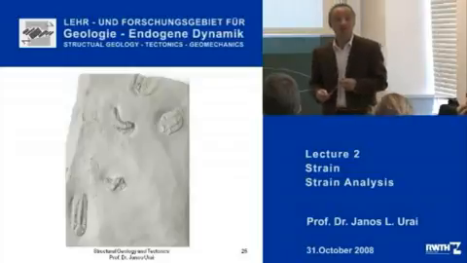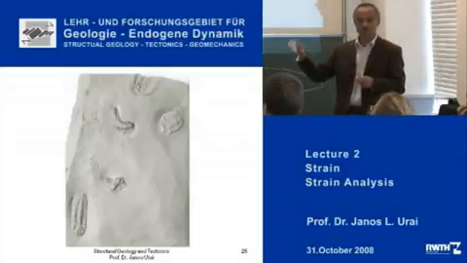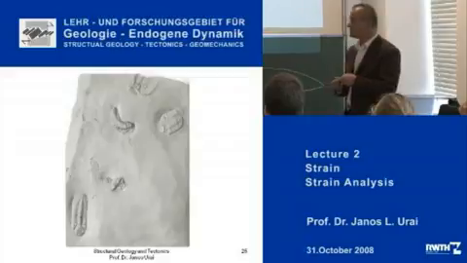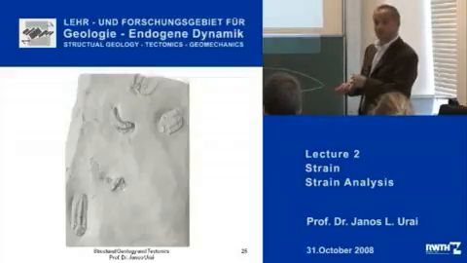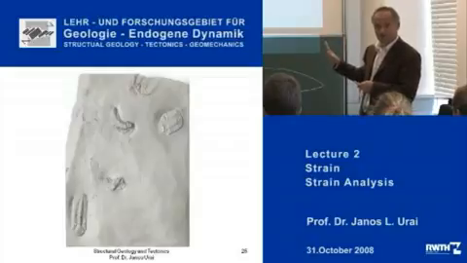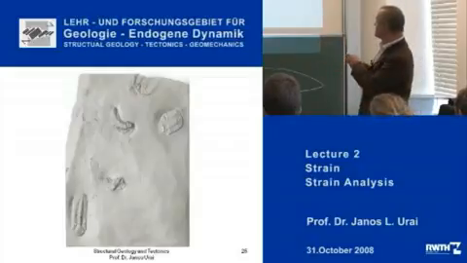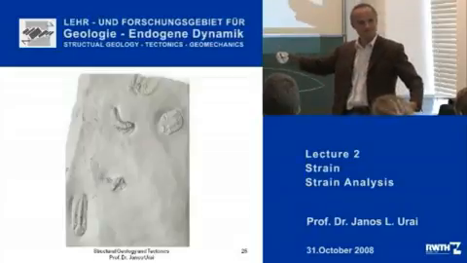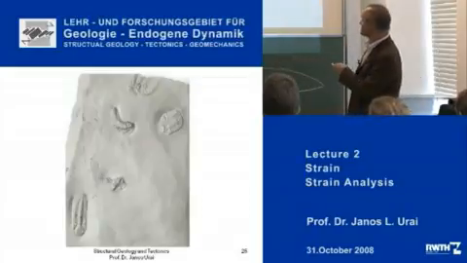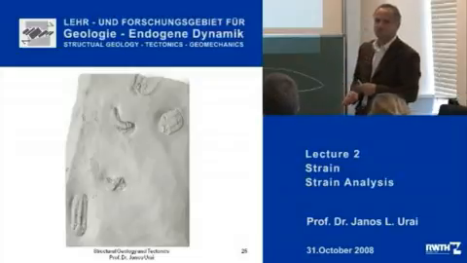Here's another example, and in fact we have these fossils on display here in the glass cabinets. These are trilobites, and we are looking down on the bedding plane. And look here, this trilobite is fat and short, and this trilobite is thin and long. And there are some strange looking trilobites in this direction.